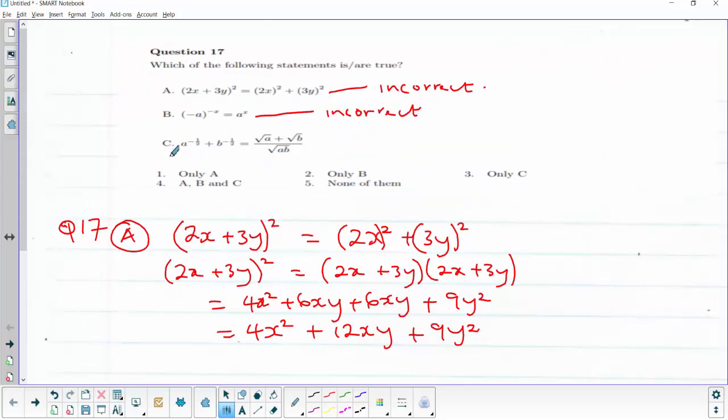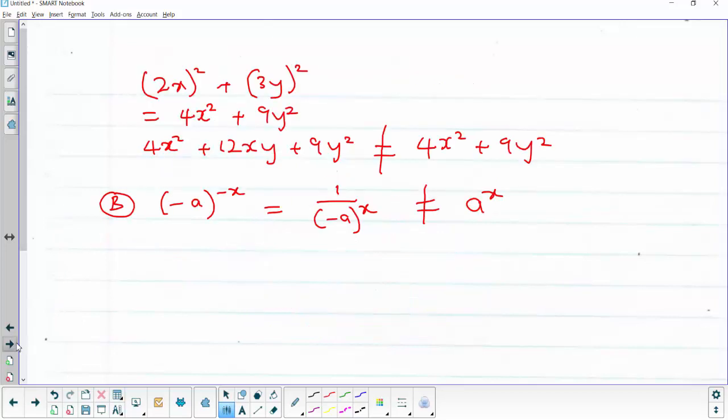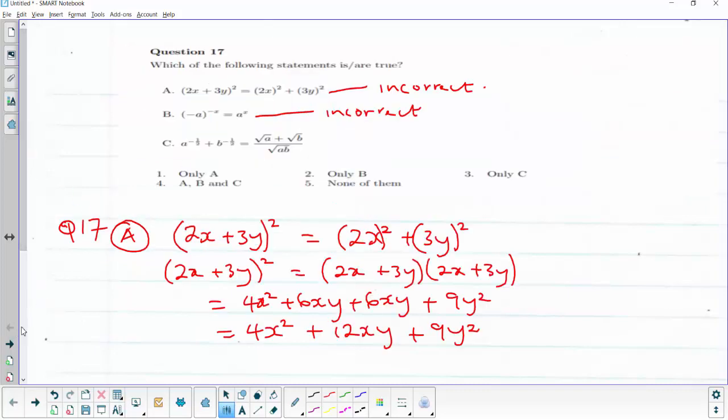So we need to consider the last one, which is C. Our C is given as a raised to power minus half plus b raised to power half, and I want to prove that it is going to be equal to, let me check the equation very well, the square root of a plus the square root of b, divided by the square root of ab.